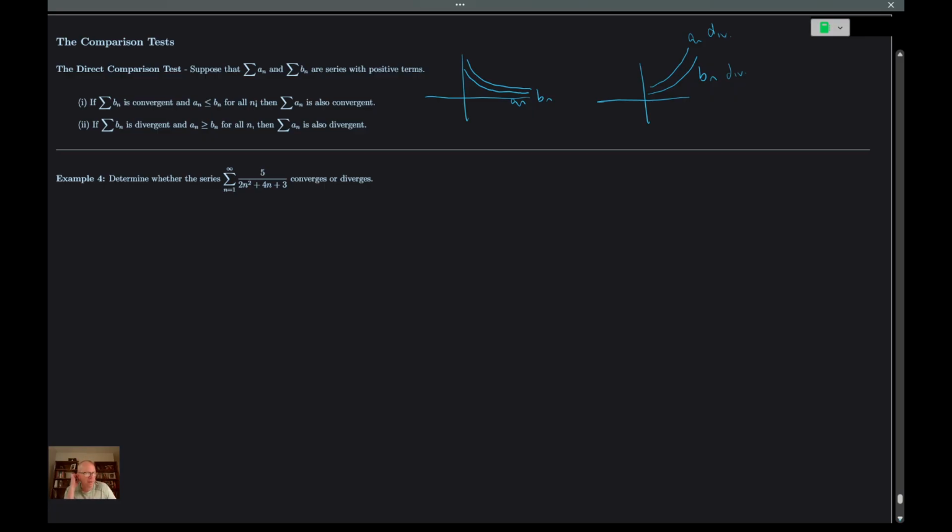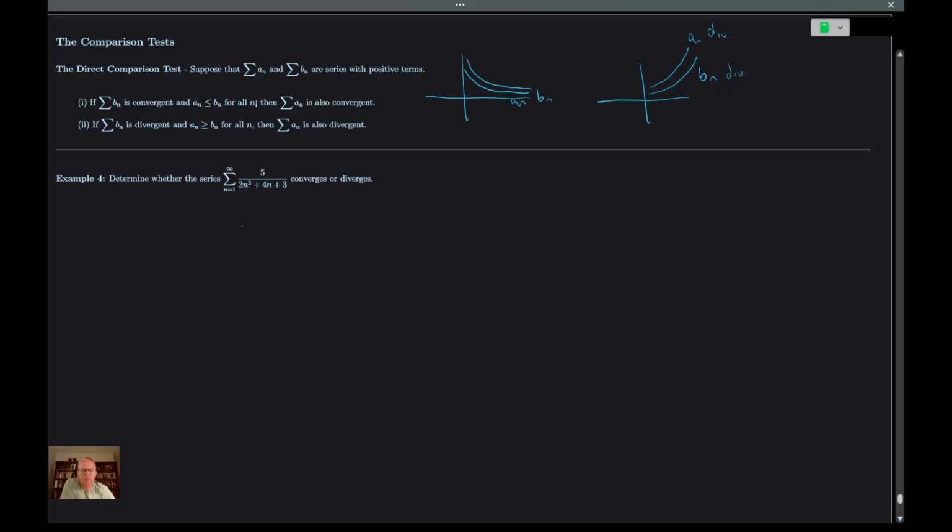Now, in practice, it takes a little bit to get used to how you figure out what series you can compare this to, because you can't just pick any series. It has to be somehow related. So in this case, we have 5 over 2n squared plus 4n plus 3. Typically, you're going to figure out either a p-series that we saw a minute ago or a geometric series.